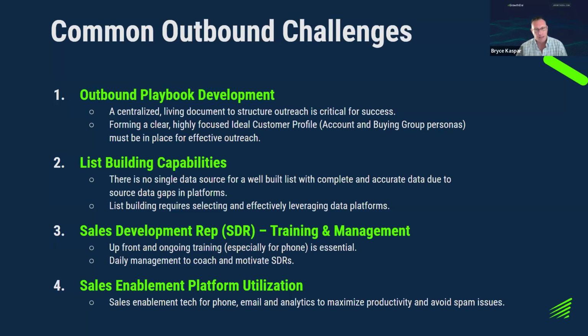And the sales enablement platform is the last piece here. So when you're doing this outreach today, there's a lot, and you've probably seen this, there's a lot of roadblocks to outreach with email, with phone. You've seen those spam likely things pop up on your phone line, I'm sure. You've probably gotten a lot of spam heavy emails.